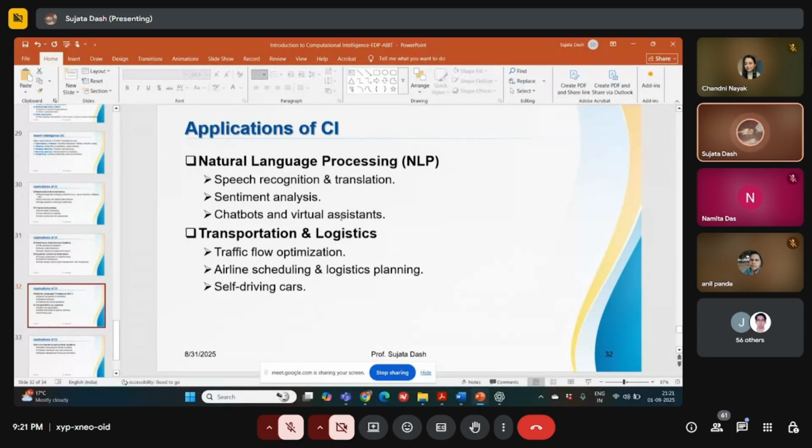We use these for our day-to-day life activities. Then transportation and logistics: through this, traffic flow optimization can be made, airline logistics planning can be made, and we can apply this technique to self-driving cars.